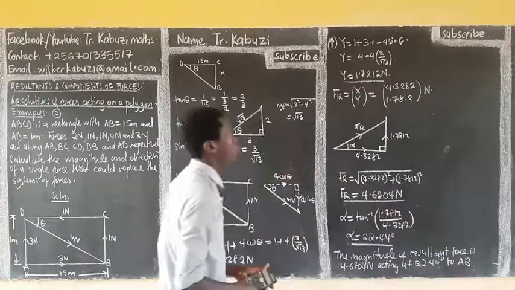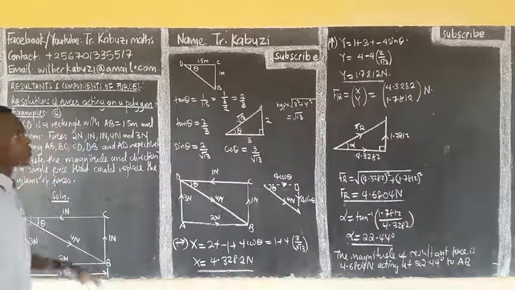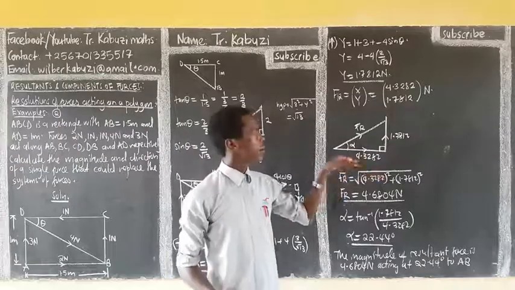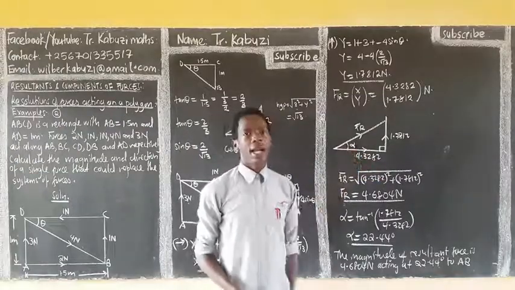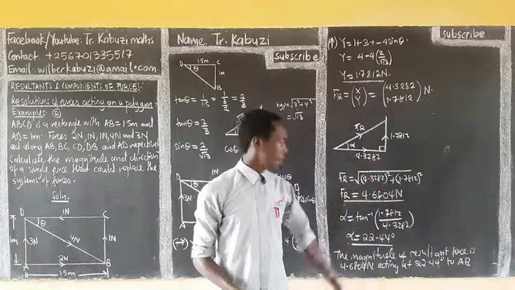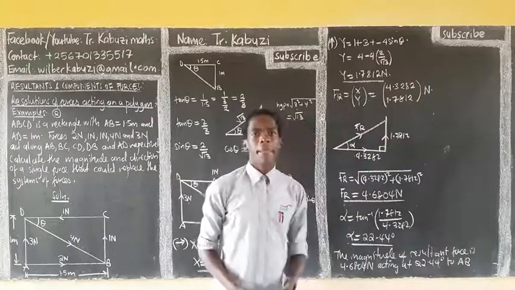Why do we say AB? Because our AB is the horizontal. Our AB is the horizontal, because it's acting at that, or we say acting to that force. So that's it. That's why you had that.